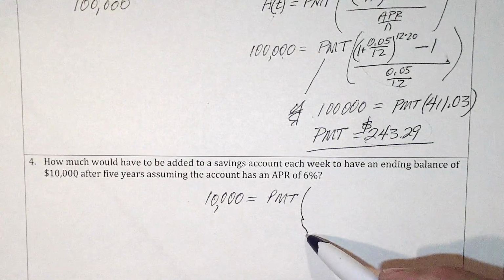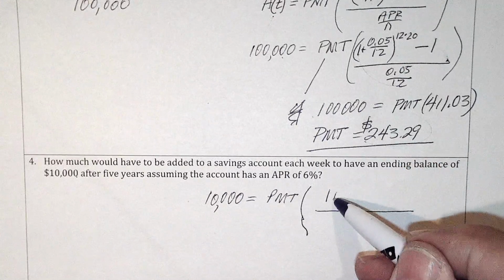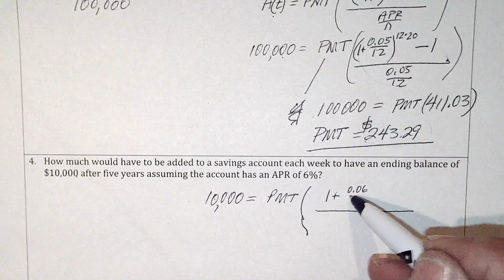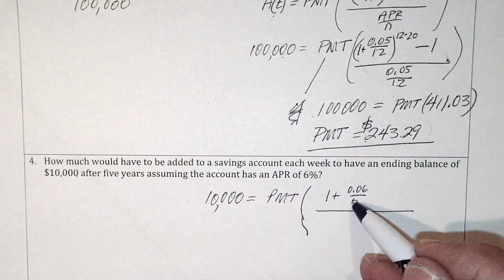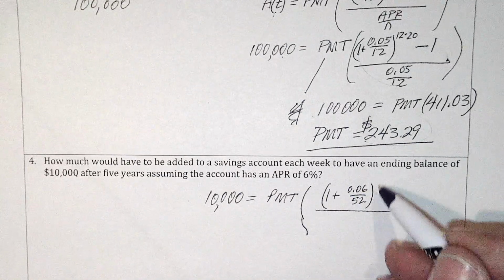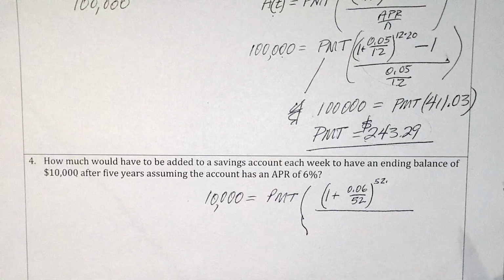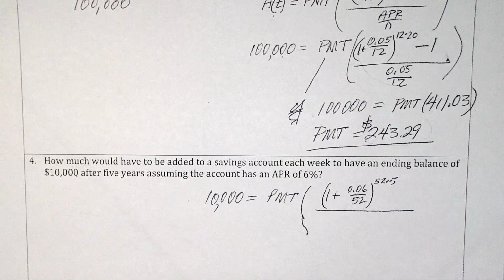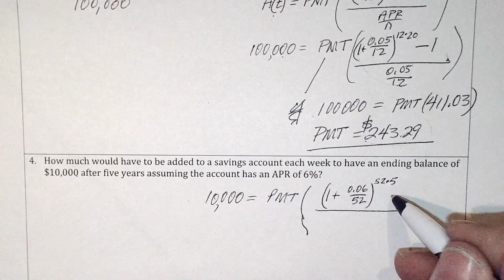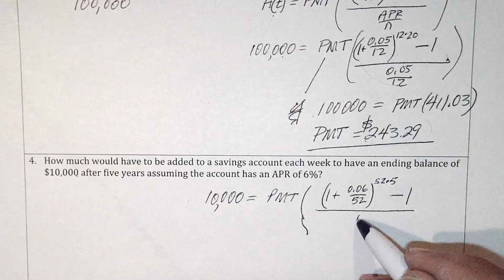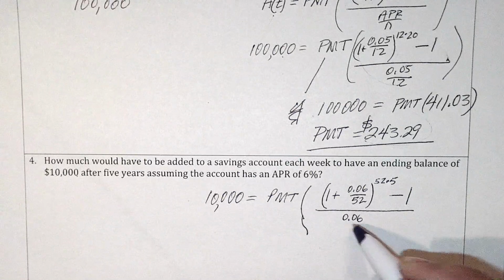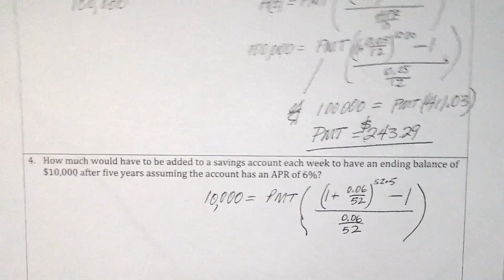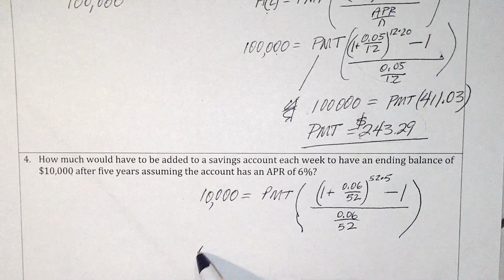The formula will be 1 plus the APR, 0.06, done each week, so that's over 52, to the 52 times 5 years. That's 52 times 5, not 52.5. Minus 1 over 0.06 over 52. So we're going to figure out this number and divide it into 10,000.